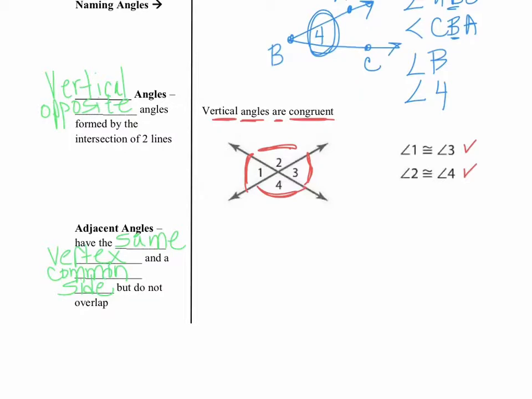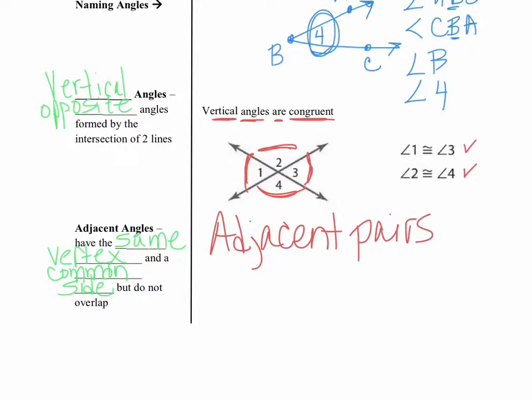The adjacent pairs in this picture here are angle 1 and angle 2. See how they are side by side.